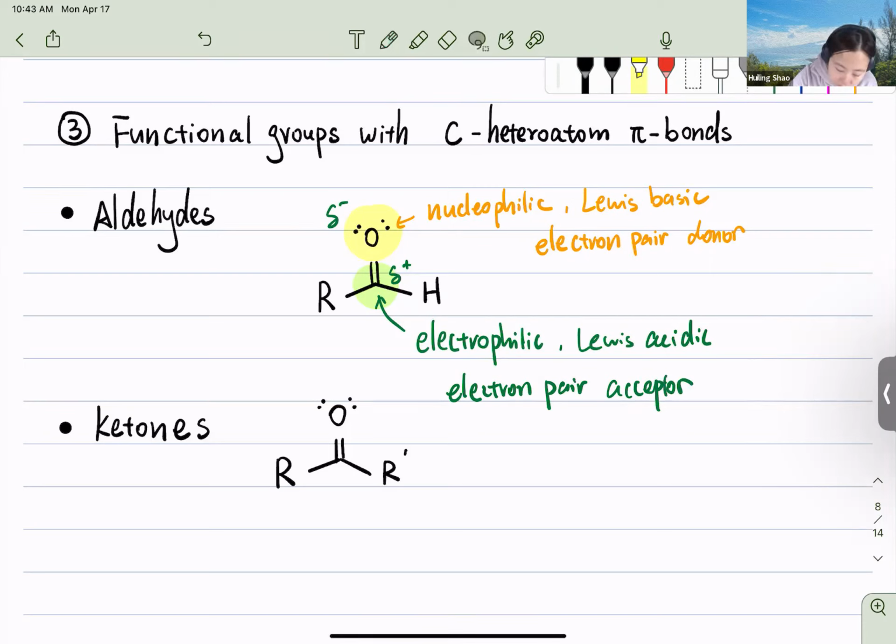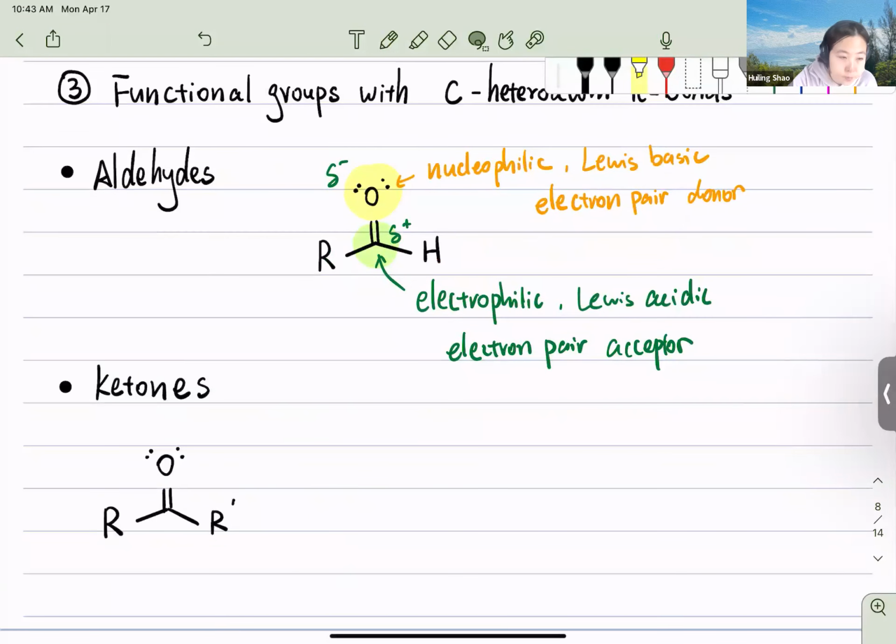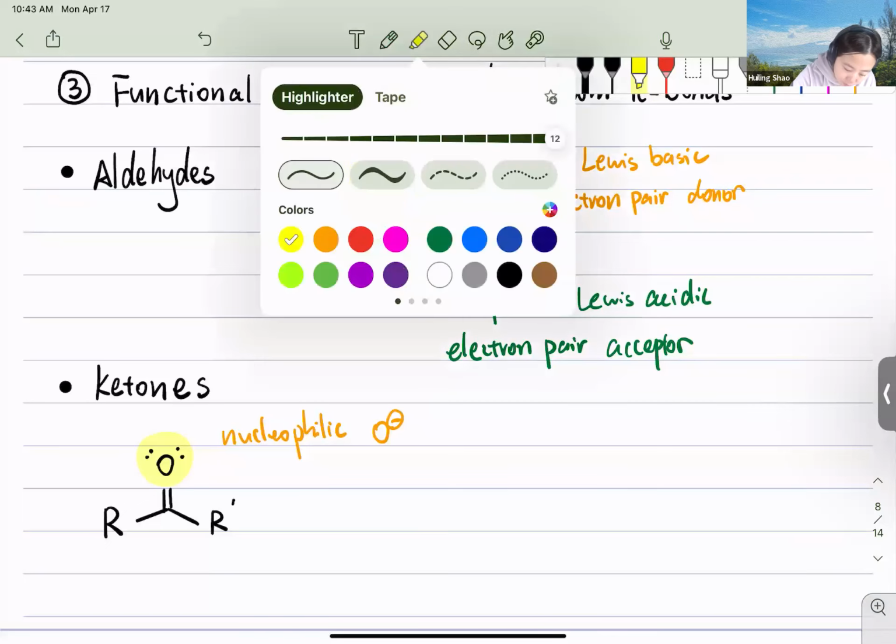Right, so the same idea can also apply to ketones as in aldehydes. In ketones, again, on the top, we have the nucleophilic oxygen, and we have the electrophilic carbonyl carbon.